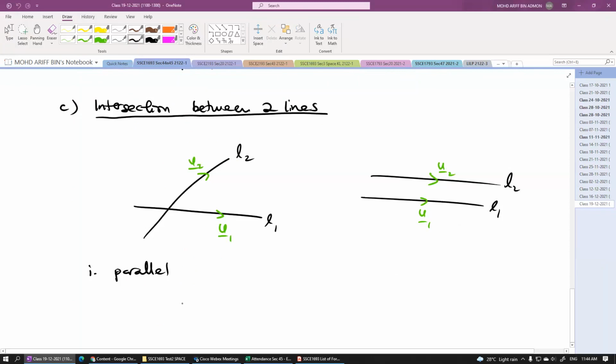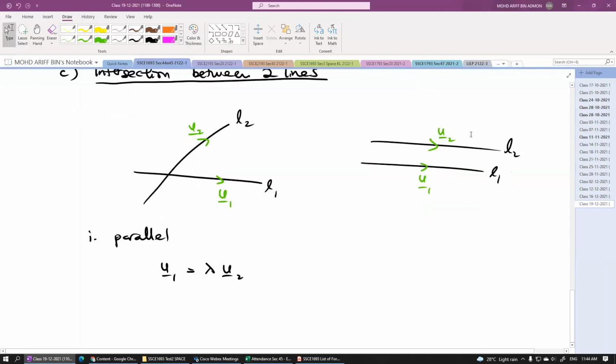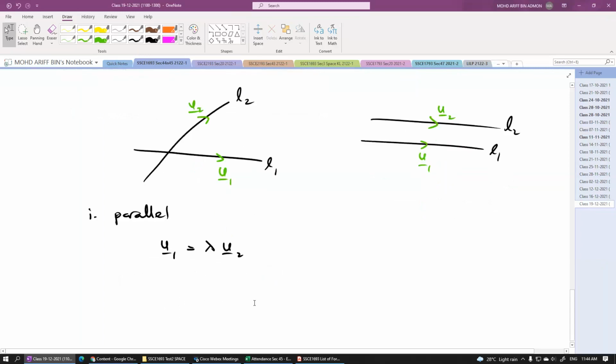If you can relate U1 equal to any constant, I put lambda here, times your second vector, if you can relate like this, then that is actually parallel. Or maybe U2 equals lambda U1. Either one, U1 in front or U2 in front, it doesn't matter, as long as you can put this in this form and take out lambda.